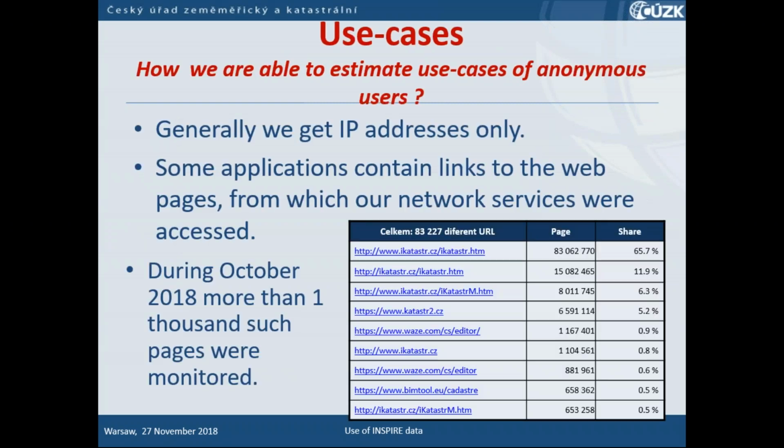And last one, there is a use case. Generally, we can't identify users by IP address only, because most of them we use as open data. Some applications contain a link to the web page from which other network services were accessed. During October, more than 1,000 such pages were monitored.